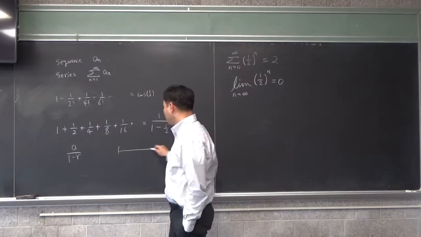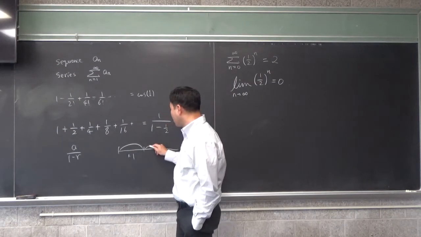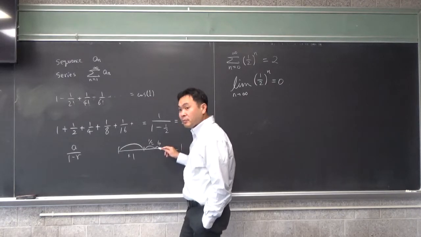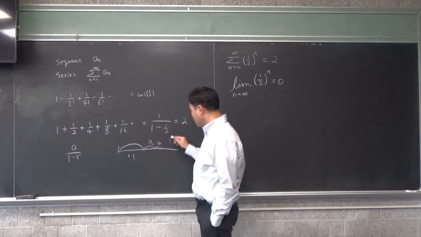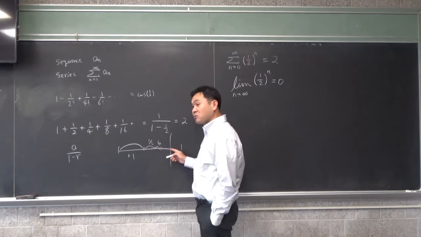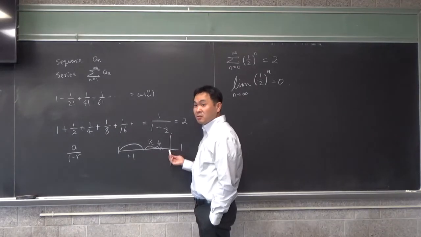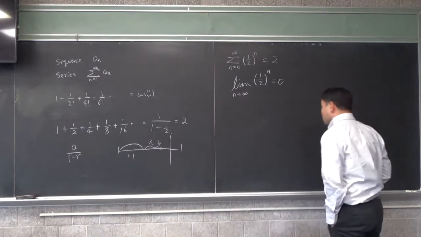You take plus 1 as a jump, then a half step and a quarter step. You keep adding, and if you have any hope that this is going to converge to some number, then your step sizes should be getting smaller, getting smaller to 0.